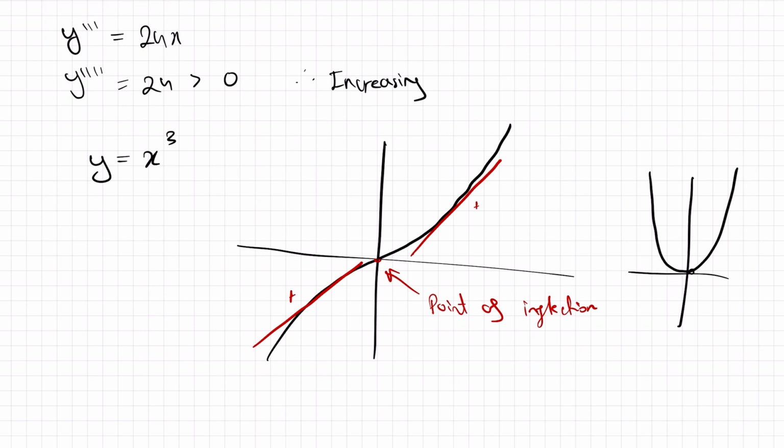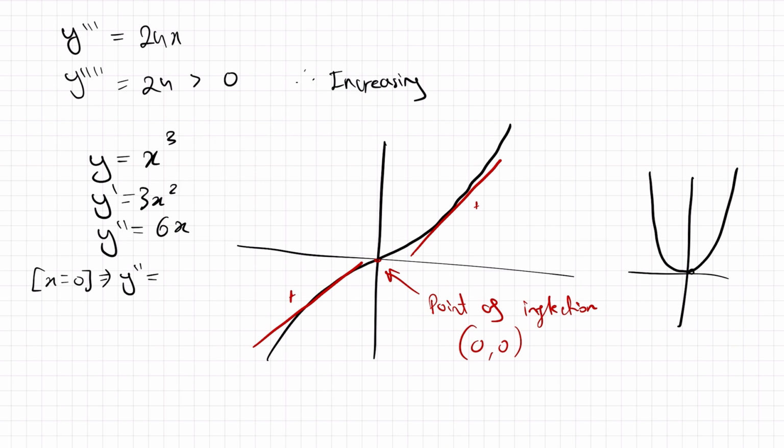Okay, and you can see this is true because if we take the second derivative, well, I'm just going to tell you that this is at 0, 0, just so I can skip actually solving for the first stationary point. But if we take the second derivative, 6x, and then we put x equals 0 into this, we're going to get y double dash equals 0, which is a point of inflection.